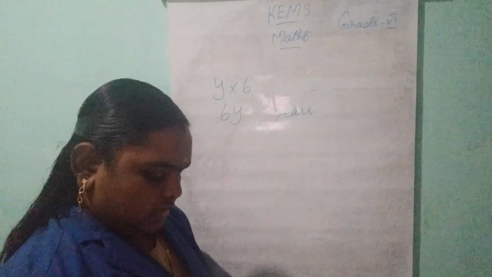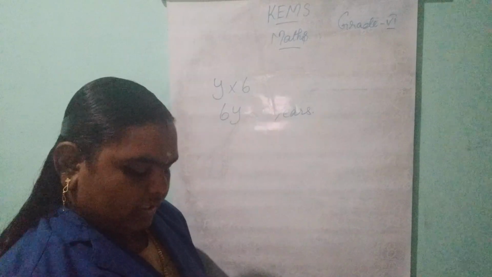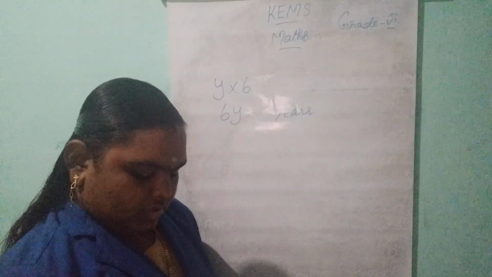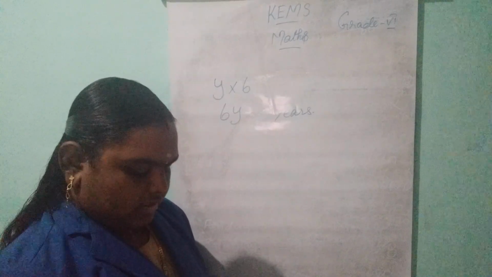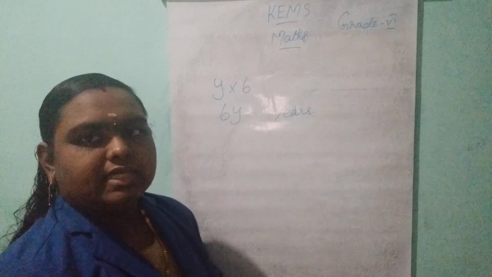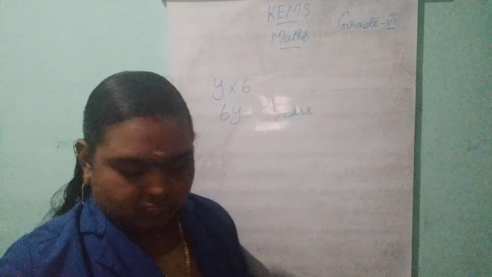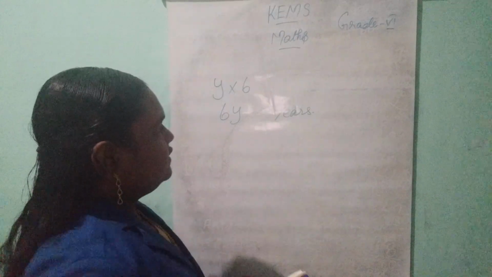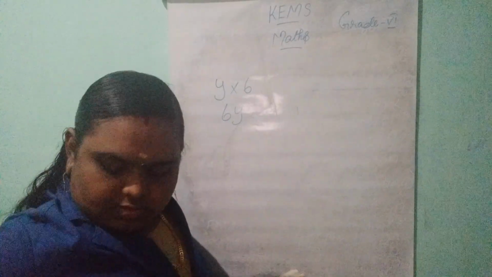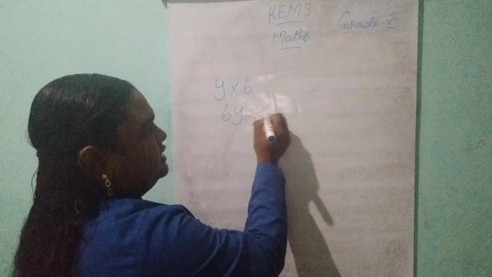Next one: grandmother is 2 years younger than grandfather. What is the grandmother's age? Now the grandfather's age is 6Y years.